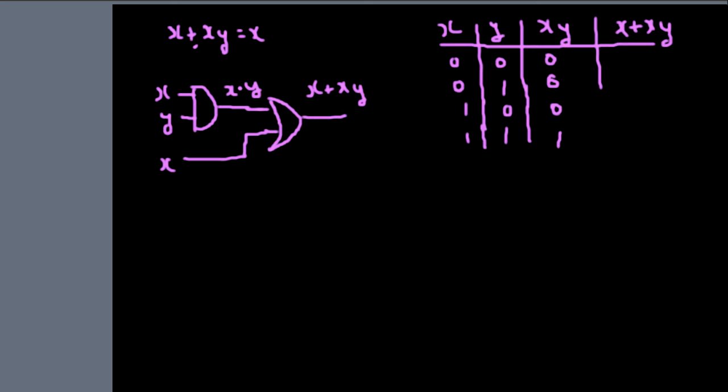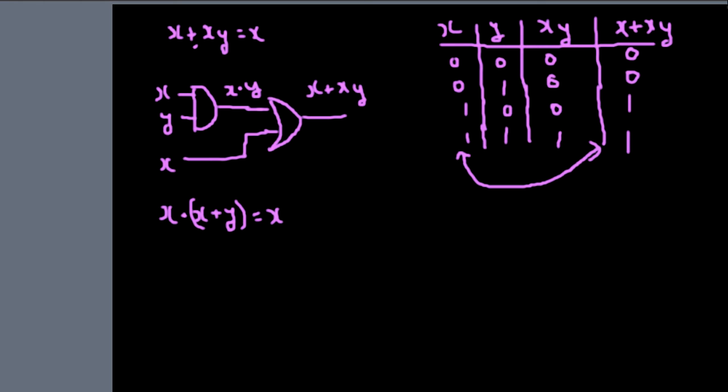Now let's add xy and x, so you'll get 0 0 1 1. Now you can see the x and x plus xy columns are the same, so this absorption law is verified.